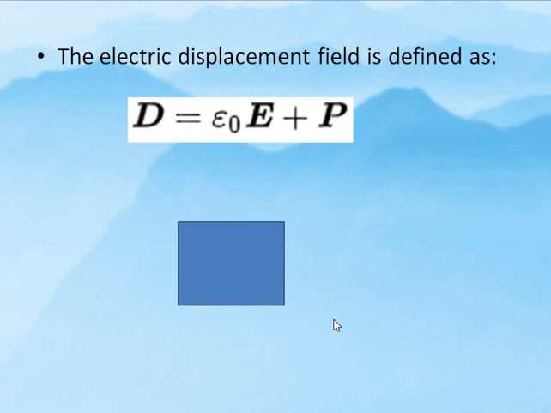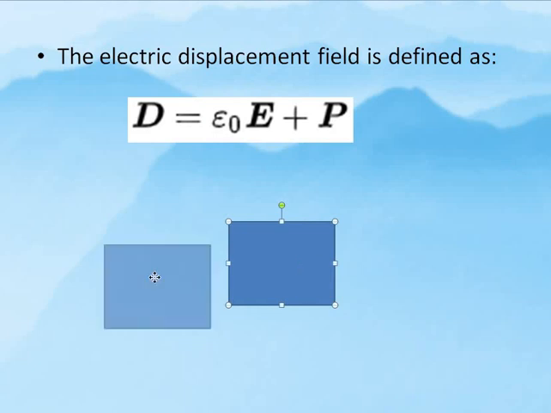In conductors, let us take this as the conductor. If the conductivity is infinity, the current density will also be infinity.